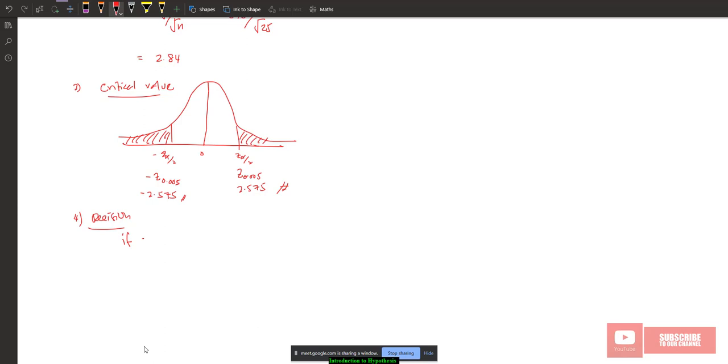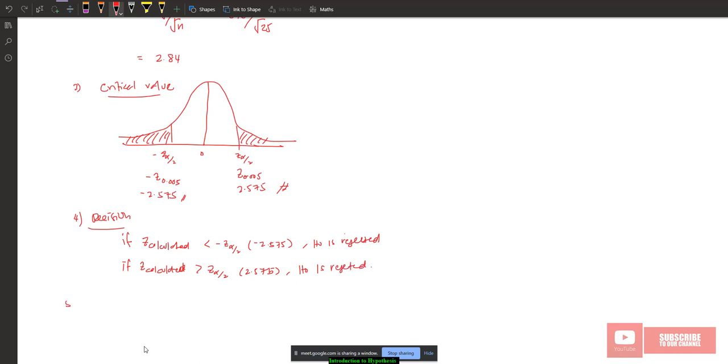If z calculated is less than negative z alpha divided by 2, which is equal to negative 2.575, the null hypothesis is rejected. If z calculated is more than z alpha divided by 2, which is 2.575, we're going to reject the null hypothesis.